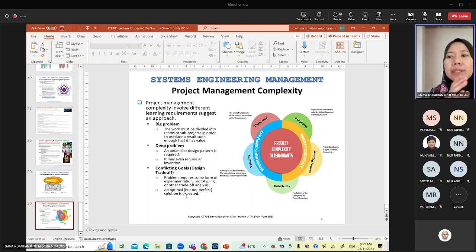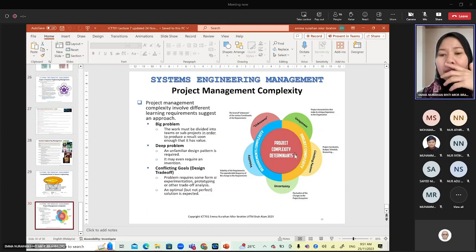Sometimes stakeholders want it this way, you want it that way. Perhaps that is why you need to have different designs, different alternatives, to manage conflicting goals. Sometimes you have to align the goals. Still remember the first few slides, sometimes you have to reduce the goal. If you feel the expectation is too high to be achieved, it is also part of conflicting goals.